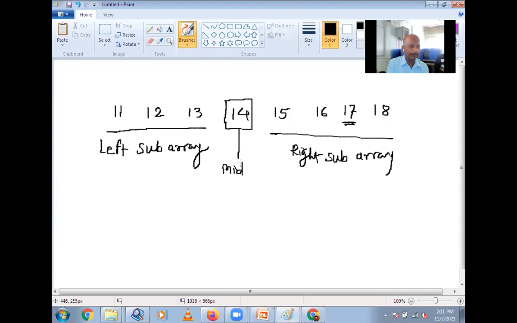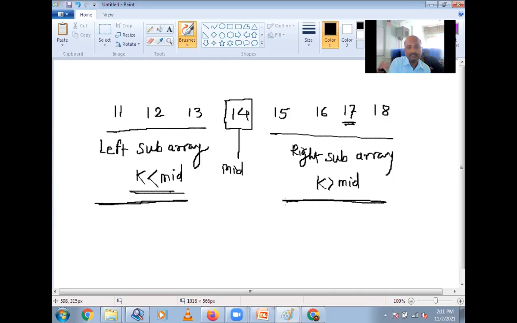First we compare the search key with this mid. If the search key is exactly equal to mid, then the search is complete. If the search key is less than mid, then search in the left sub array. If the search key is greater than mid, then search in the right sub array.